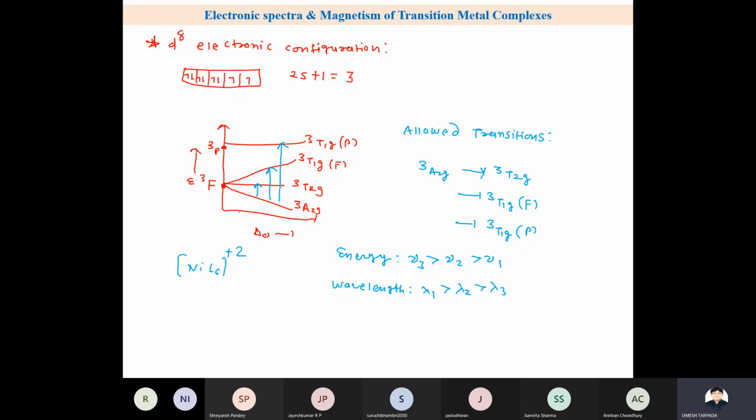Or in case your system is, for example, a D2 system, and you are given all these 3 values, then which value do you have to use to calculate 10 Dq? Let's see, in that case, to calculate 10 Dq, which value will you use?